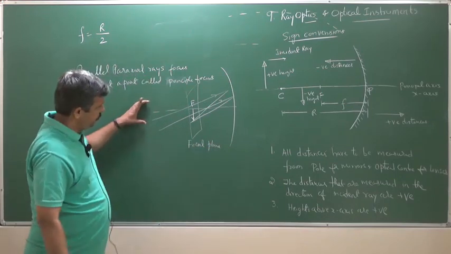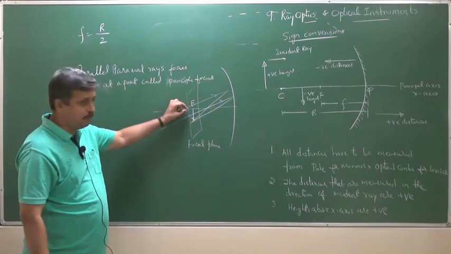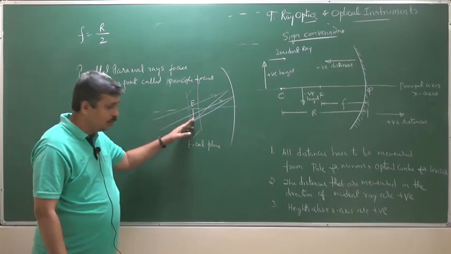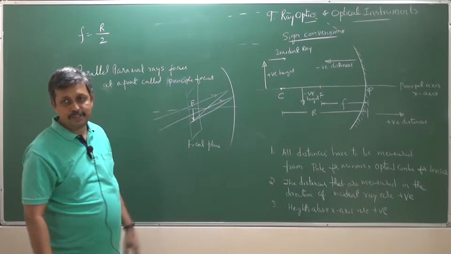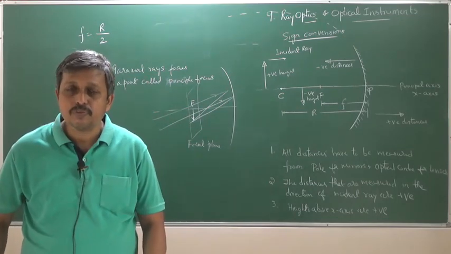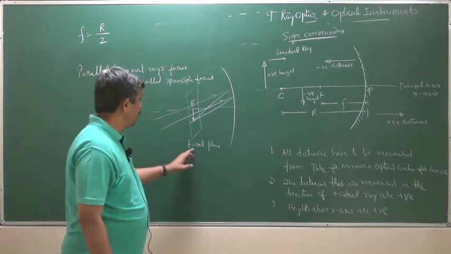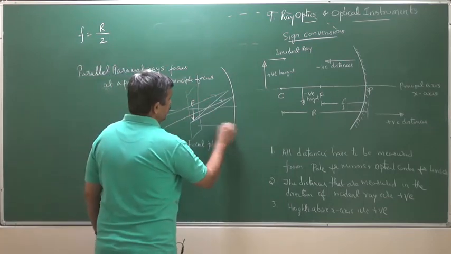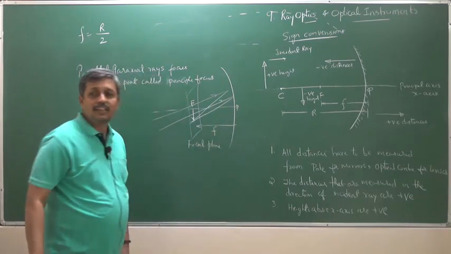If it is parallel to the principal axis, then it will come to one point here. But if you make it a slightly different angle, it will come a little down here, and if you put it that side, it will go somewhere up here. So ultimately it is going to focus on a focal plane, and the distance to that focal plane from the pole P here, we call the focal length.